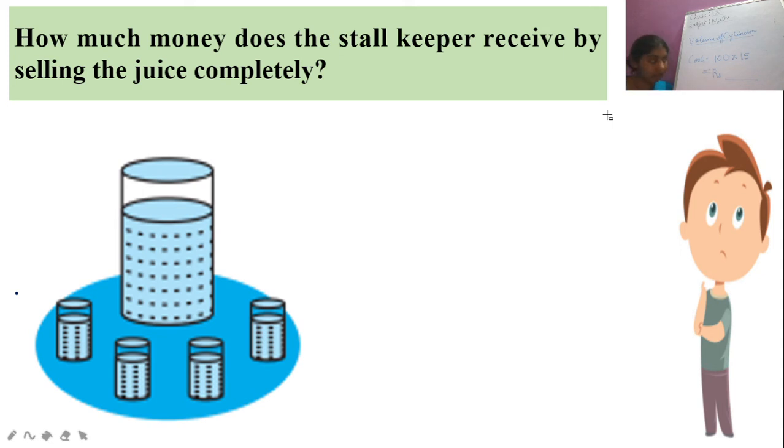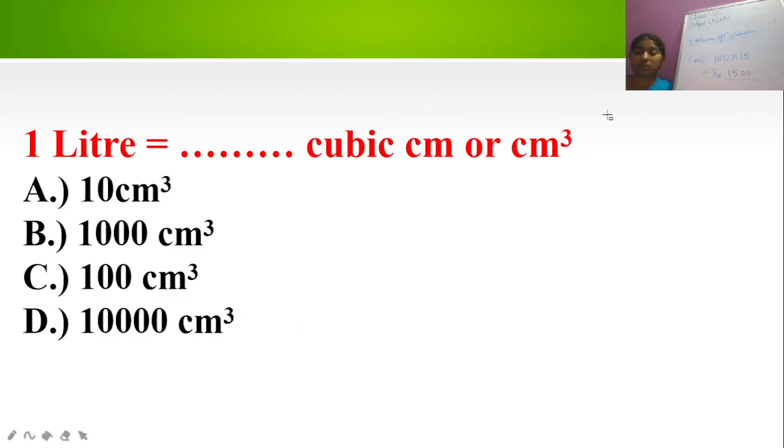Yes, very good, students. He will get 1500 rupees, right? So this way he sold the juices in the Ramzan Mela and got 1500 rupees.